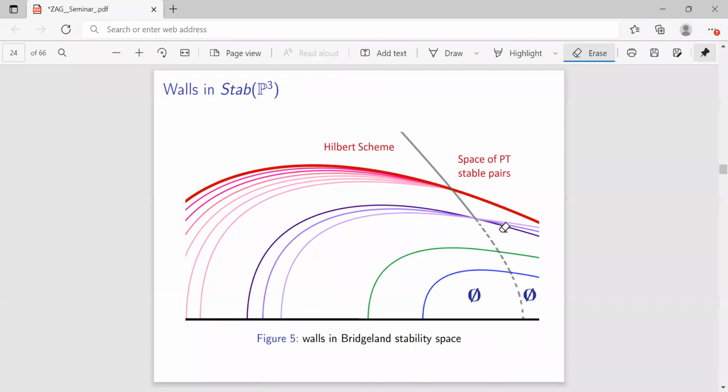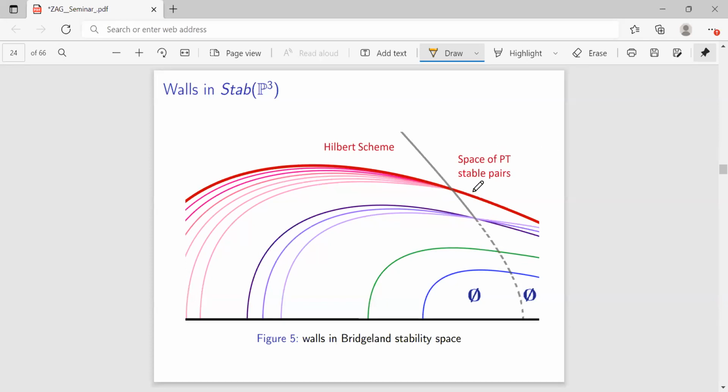And we have a special curve here, or a special wall, that separates, in the large volume limit, the Hilbert scheme and the space of PT stable pairs. And you see that these 7 walls here become only 1 wall on the right side of this curve.